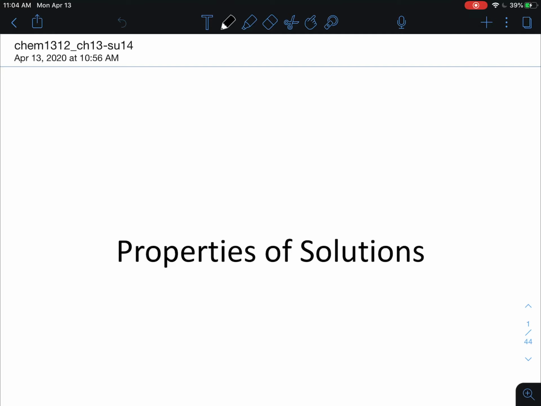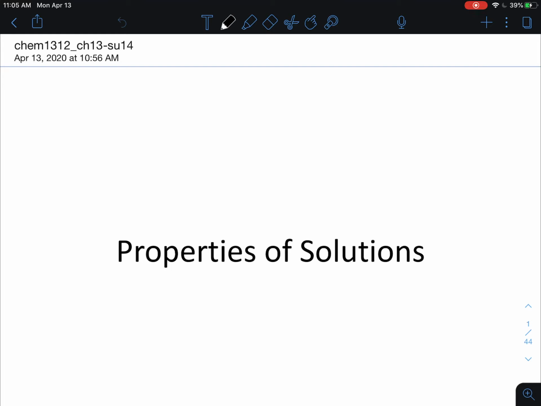So the next chapter we want to look at is discussing the properties of solutions. Now that we've built up our thermodynamics topics a little bit more, we can revisit the formation of solutions and think about the energetics from the perspective of S, entropy, and G, the Gibbs free energy. So we'll start by talking about some of that.